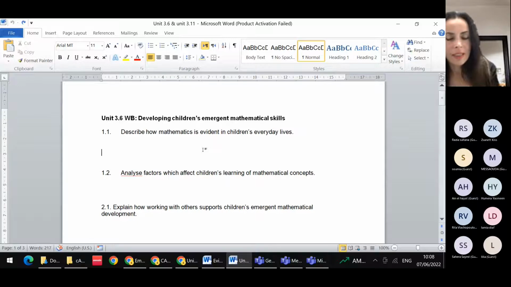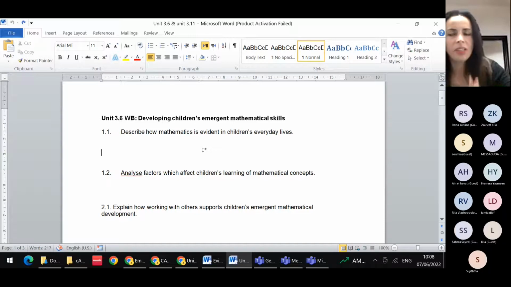Yeah, 3.6. So this sheet doesn't include the reflective. I'm going to collect all the reflectives together at the end, and we will do one class for just reflectives. I'll explain it to you, and then you can start doing your reflectives, yeah?